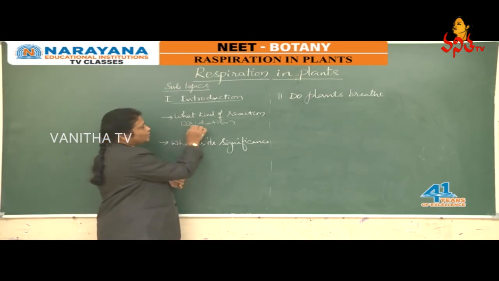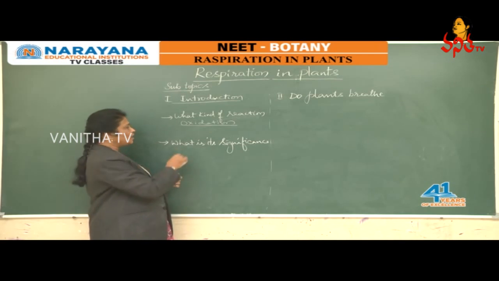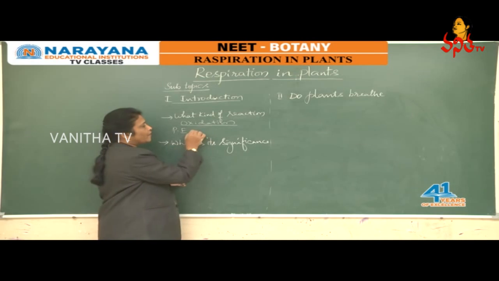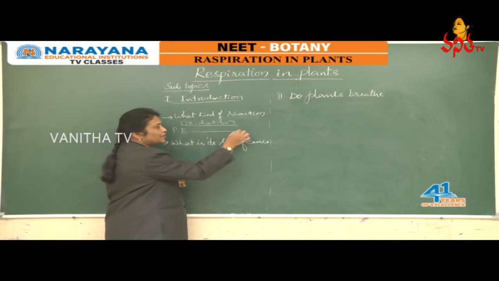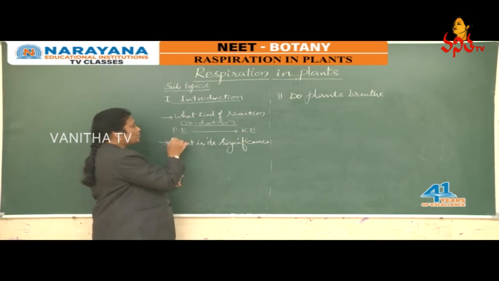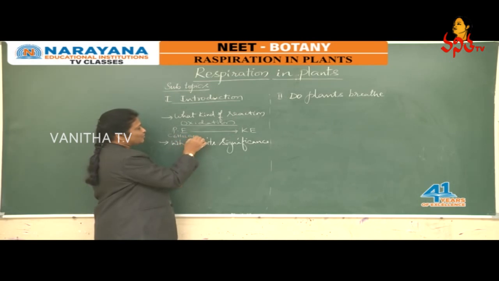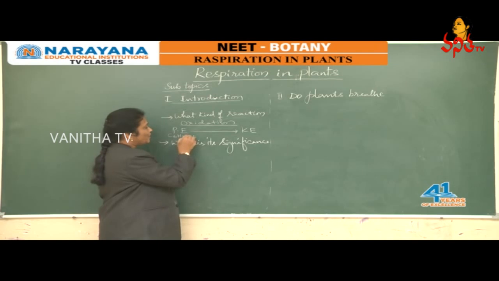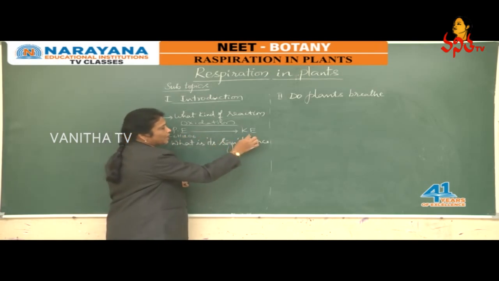So during this oxidation of food material, the food material which is in the form of potential energy, that is the carbohydrate C6H12O6, finally the energy in the carbohydrate gets liberated and packed in the form of ATP.